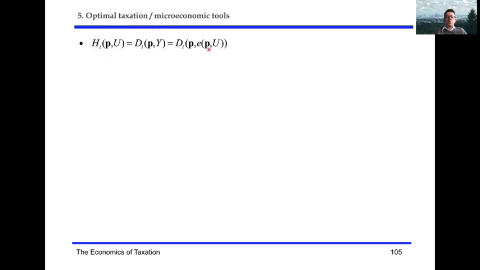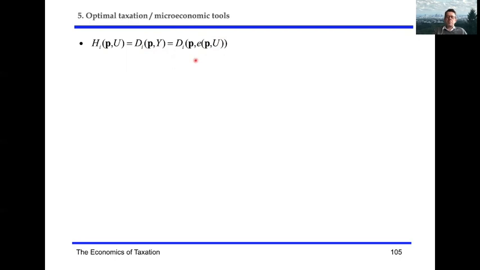And how can we do that? Well, we take the concept of the expenditure function, which is the money amount necessary to afford U. So that is equated here, and this does the trick.